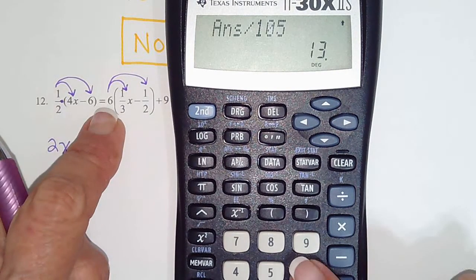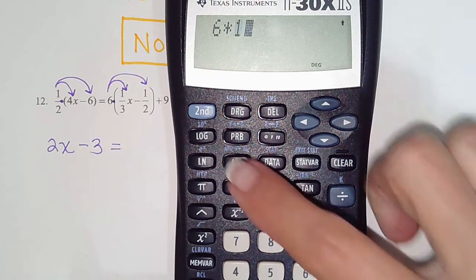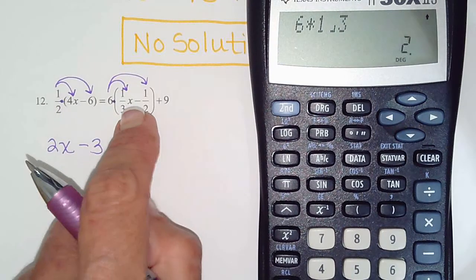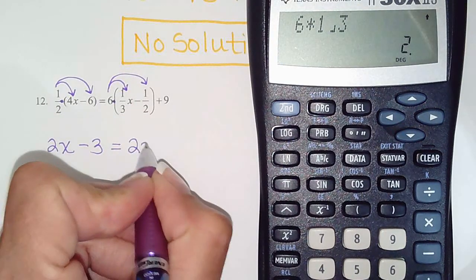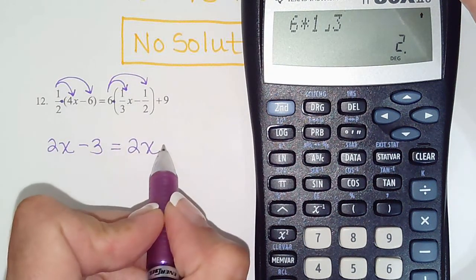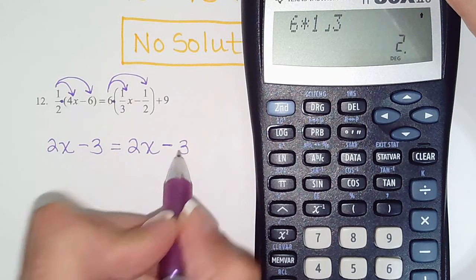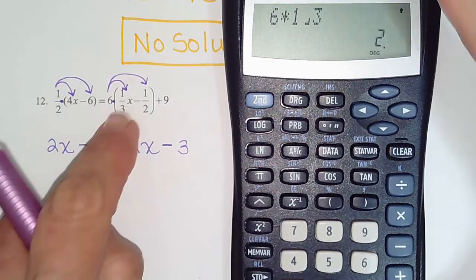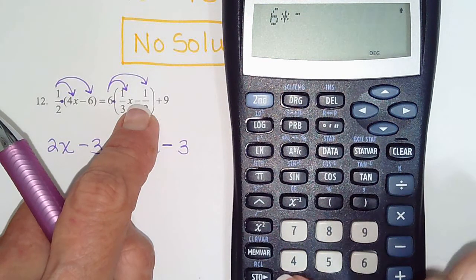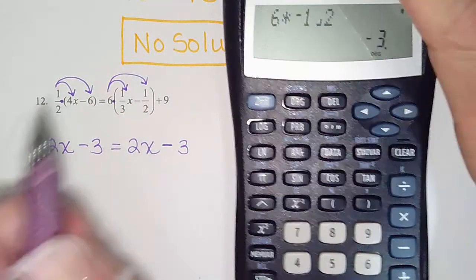So 6, and this is always a times because there's no symbol there, times 1 fraction bar 3 is 2, and then don't forget your x. And then a positive times a negative would be negative, and this is half of 6, which is 3. Or again, you can type it on your calculator, 6 times negative 1 fraction bar 2, and you see it is negative 3 plus 9.